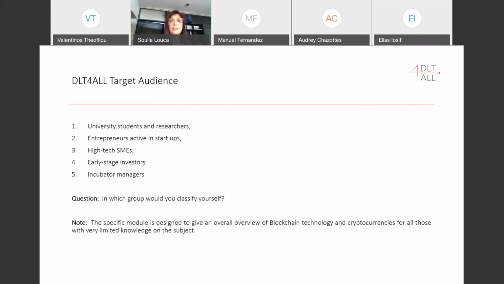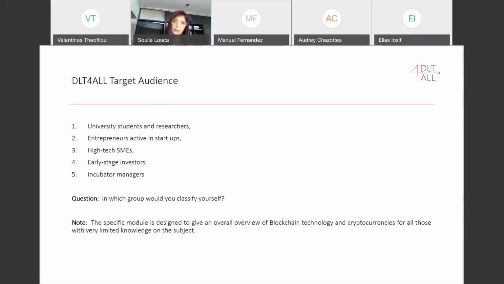The target audience is a variety of groups of people ranging from university students and researchers, entrepreneurs that are active in startups, high-tech SMEs, early-stage investors, and incubator managers.